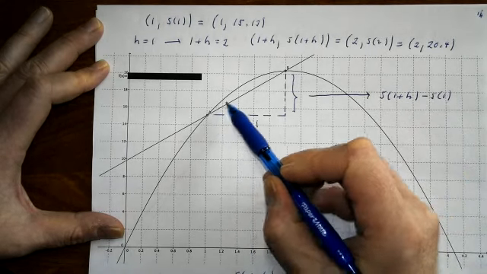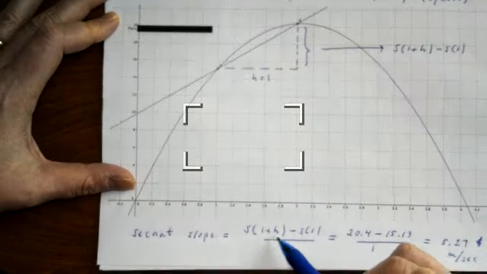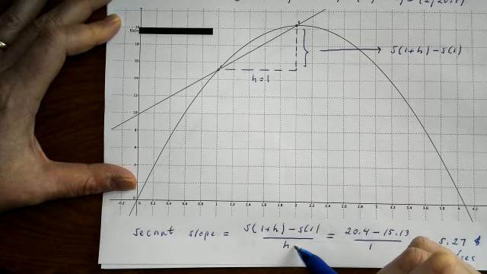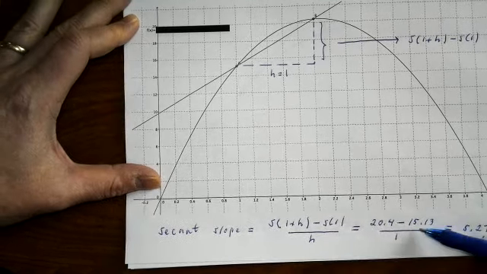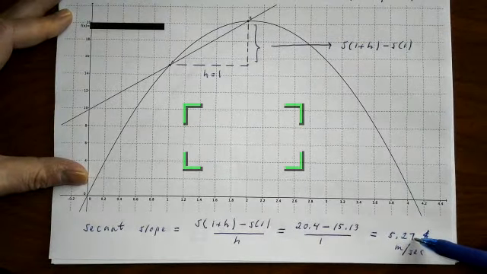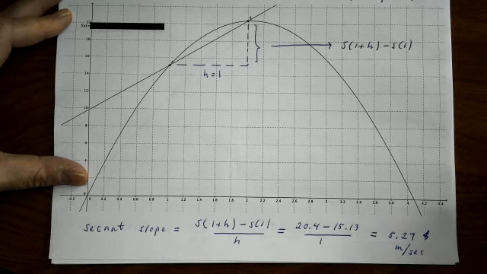That means the slope of the secant line connecting these 2 points is s of 1 plus h minus s of 1 divided by h. And that is 20.4 minus 15.13, which works out to be about 5.27 meters per second.